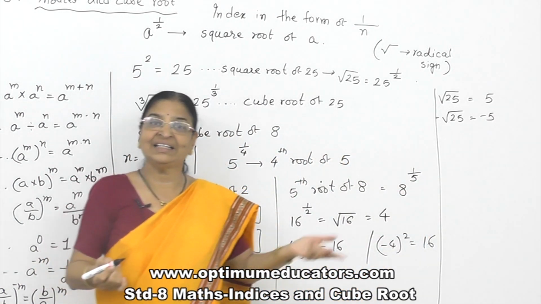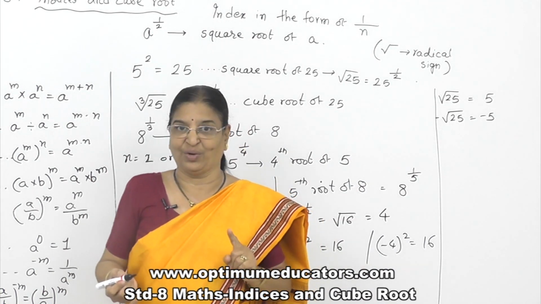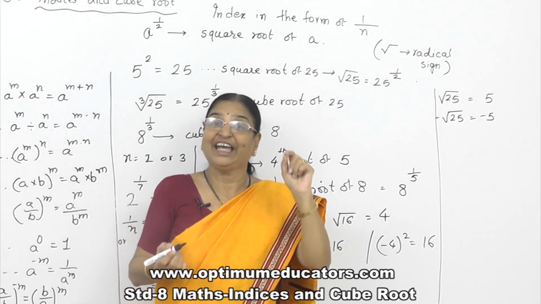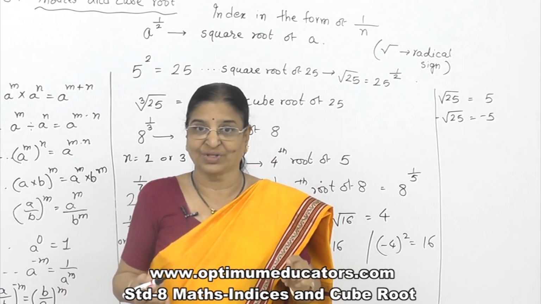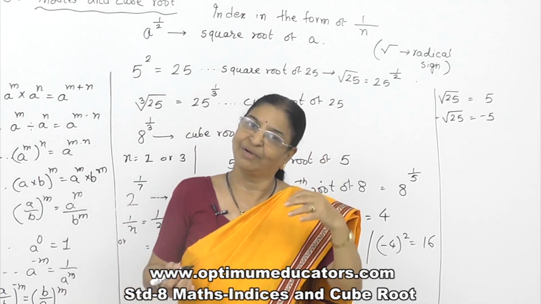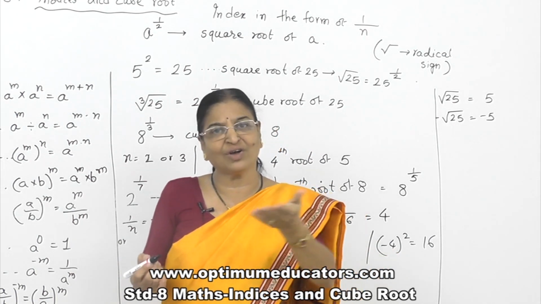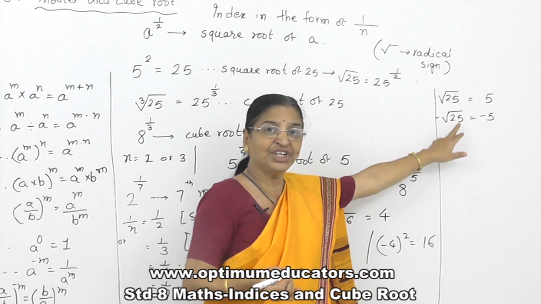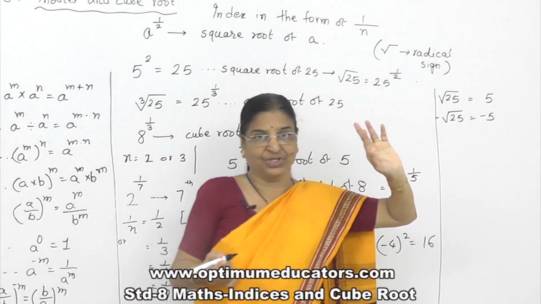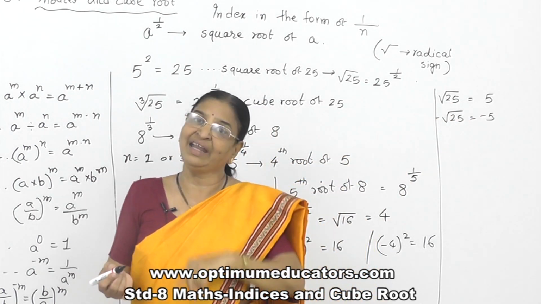Okay? That is, it is a negative square root. That means each number has two square roots, each square number. All the non-squares also have two roots only. That is, each number will have two roots, positive and negative.